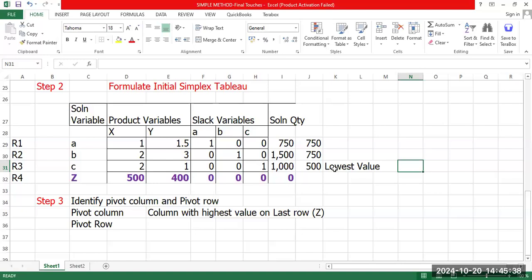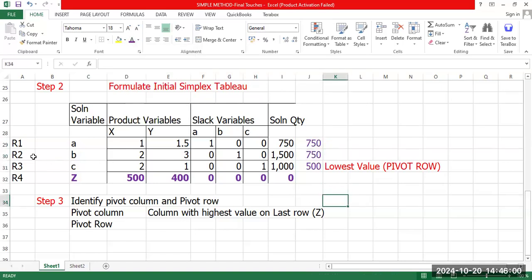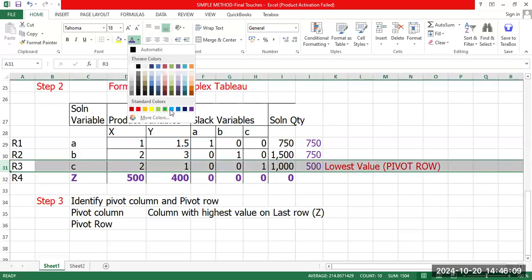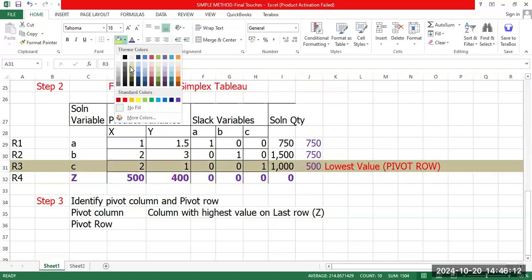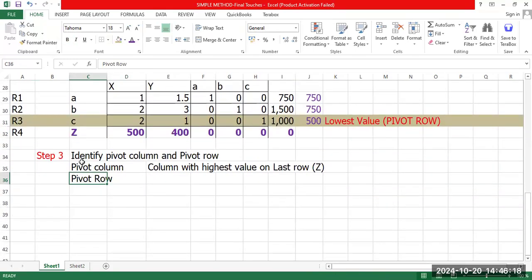So this is our pivot row, and this is our pivot column. You have identified the pivot column and pivot row.